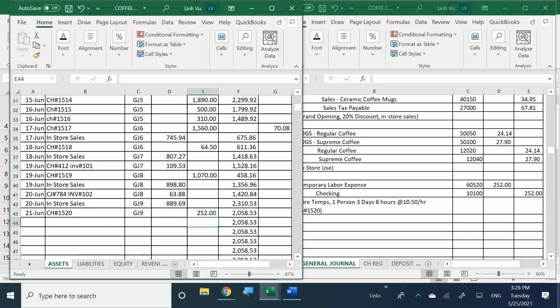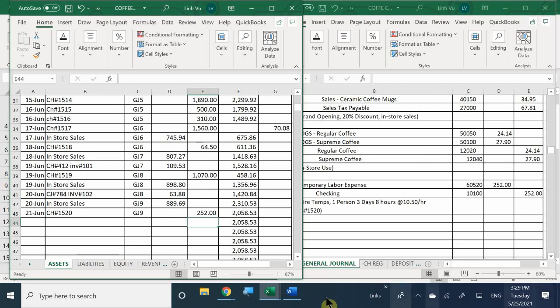Once everyone's caught up, we can go to the subsidiary ledger. Okay.